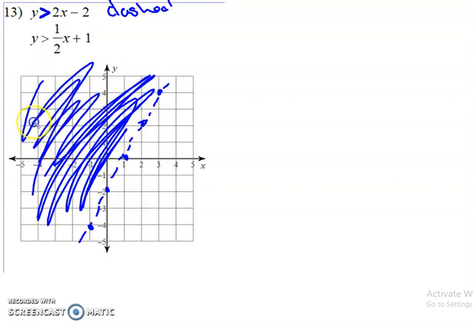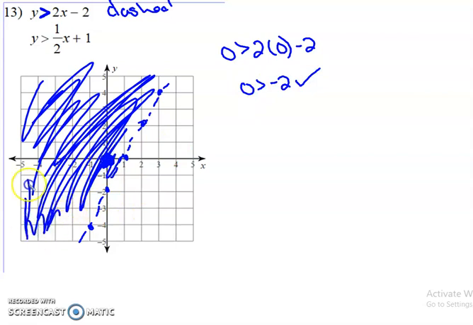All right, when in doubt, check it. Is 0 greater than 2 times 0 minus 2? 0 greater than -2? Yeah, it is. So the side with 0, that's this point right here, is true. That's the side that's true.